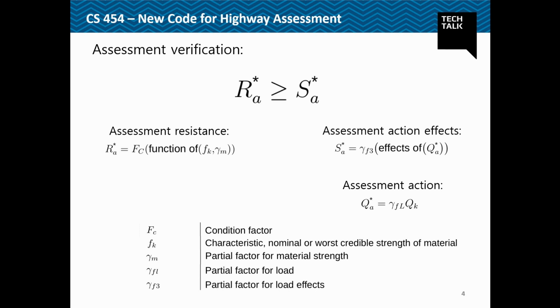In terms of the assessment action effects, exactly as it was, no differences from the BD21. We have our loads, then we apply our partial factors for the loads and for the effects, and that gives us our assessment action effects. So no surprises in that area.